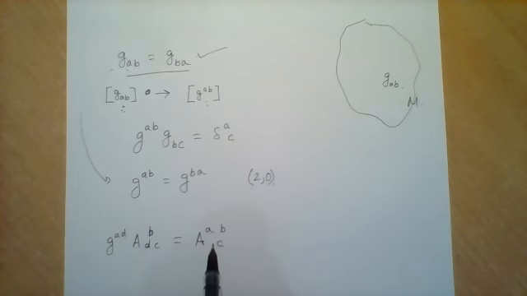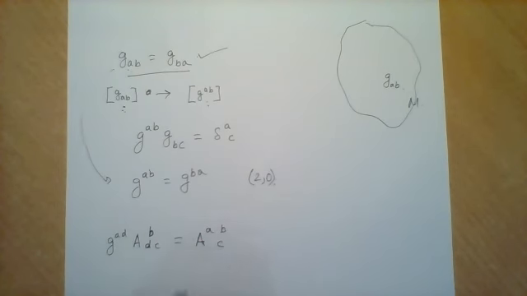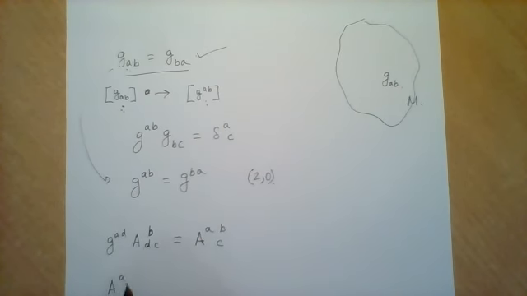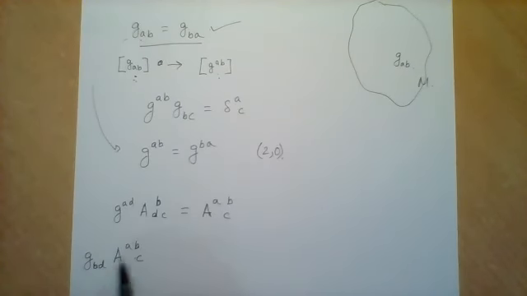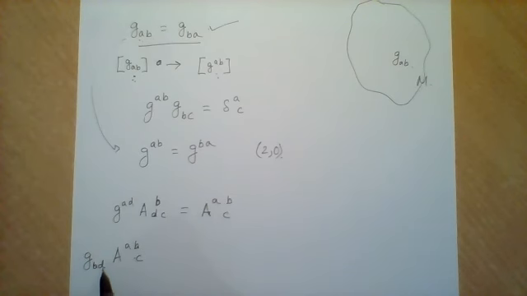I can also lower an index. Suppose I have A^B_C. If I multiply this by G_BD, this B and this B are the same, so it is a contraction, and this B will be lowered.